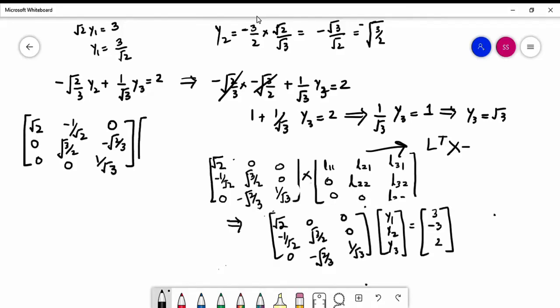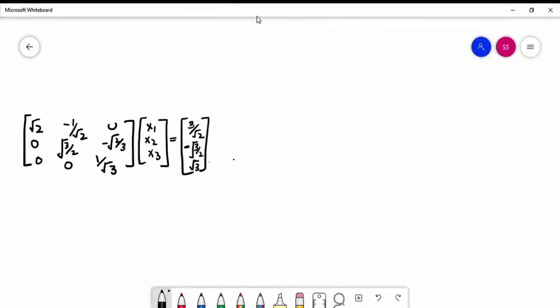X is x1, x2, x3 equals y1, which is 3/√2, y2 is -√3/2 and y3 is √3, by the backward substitution process. And that is 1/√3 x3 is equal to √3. So x3 is √3 into √3, that makes it 3.